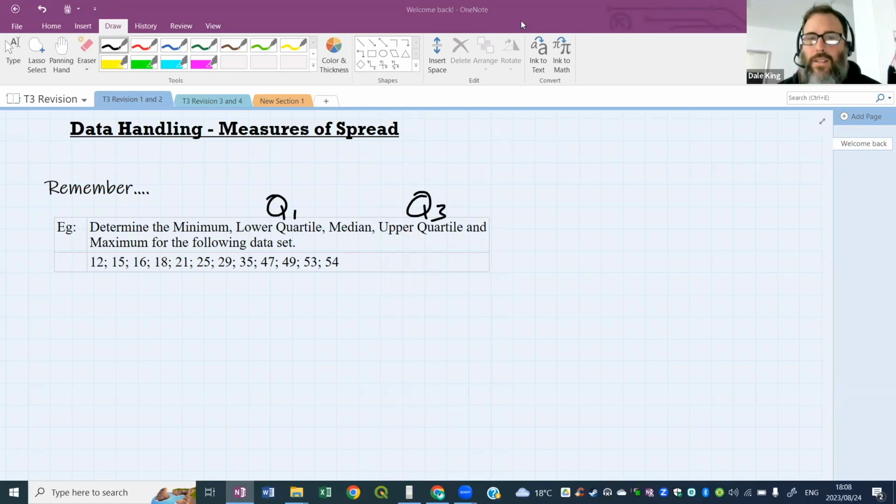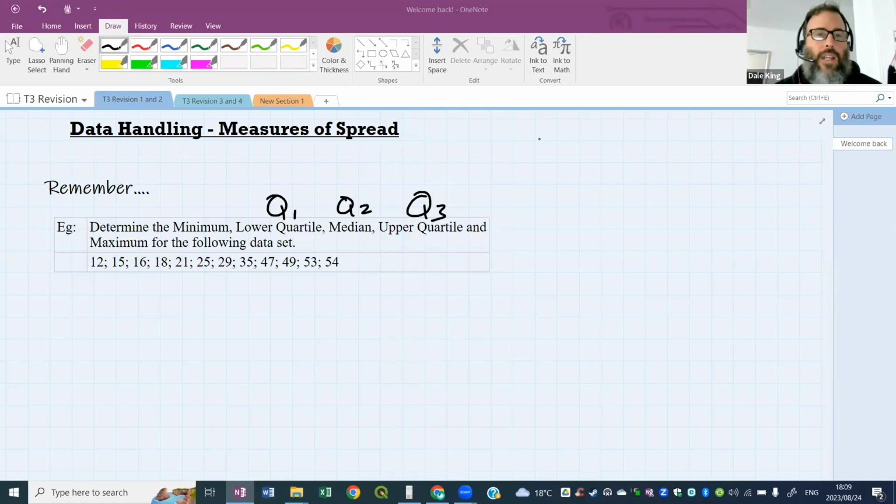Guess what it is? Yes, very good. So the median is also called Q2. Now I'm going to come back to this later on. So if they refer to Q1, Q2, Q3, that is your lower quartile for Q1, your median for Q2, and your upper quartile is Q3. All right. So just in case they use those letters and numbers, but we will use the words as much as we can.